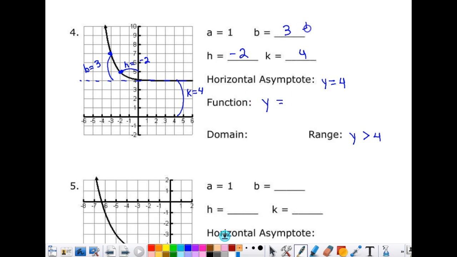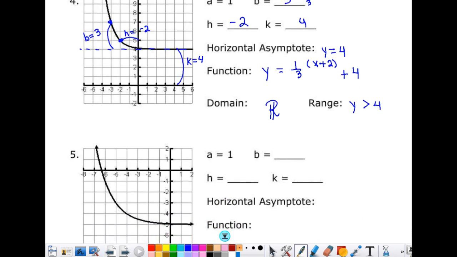Oh, and for B, because this is decay, we're going to use 1/3, aren't we? Okay, 1/3 to the x plus 2 plus 4. And our domain is all real numbers. So we did that in a minute or less. If you know your stuff, you can do this, and you can do each problem in about a minute.